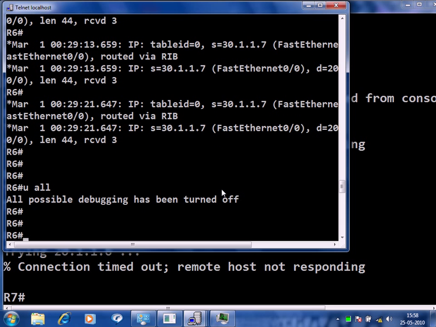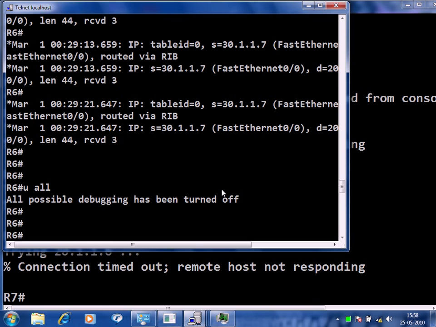Let's say if traffic is coming from 30.1.1.7 and coming to me for telnet access, only that particular traffic I want to debug. I don't want to debug anything else. How do I debug?